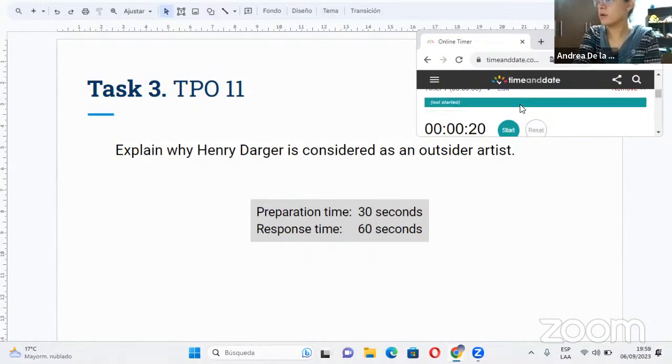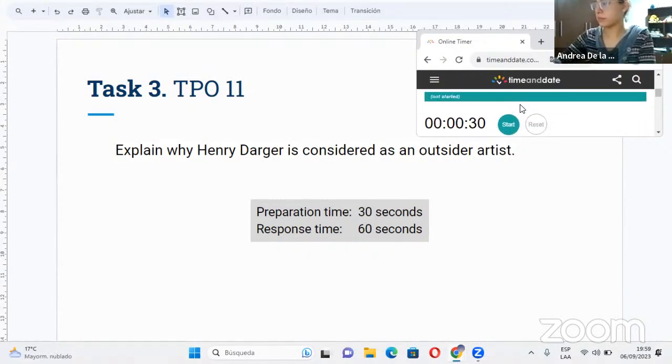So who wants to go with this one? Does anyone want to try? Right, if you want, we can do it together.